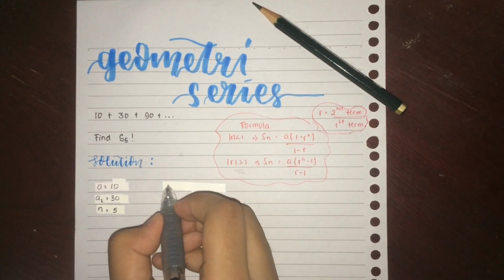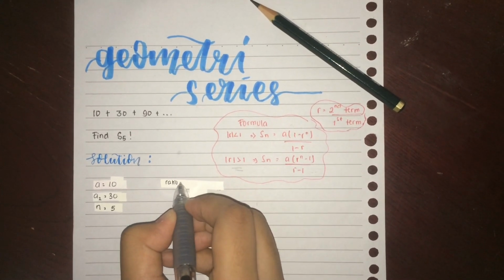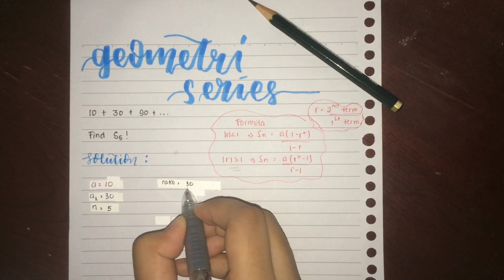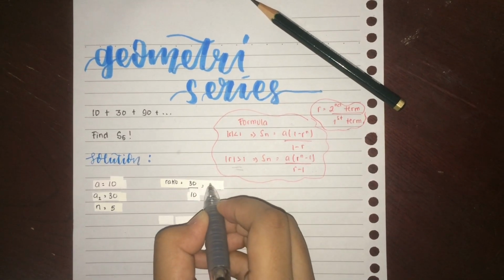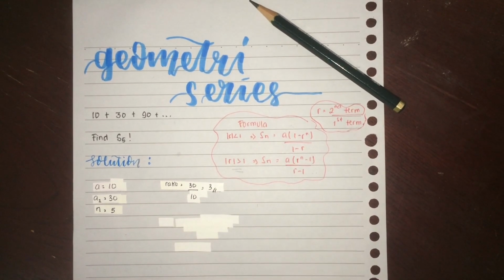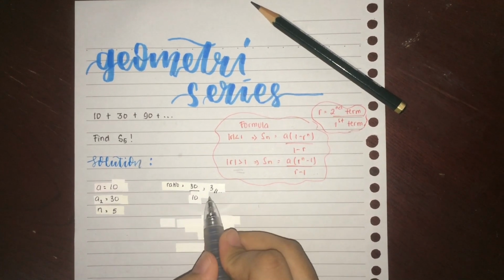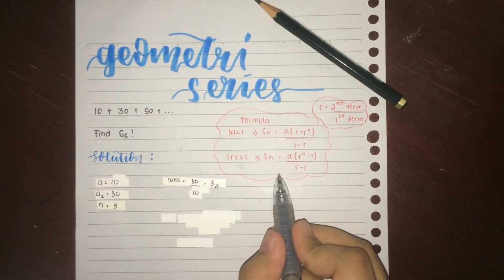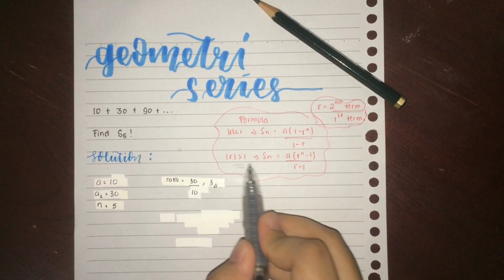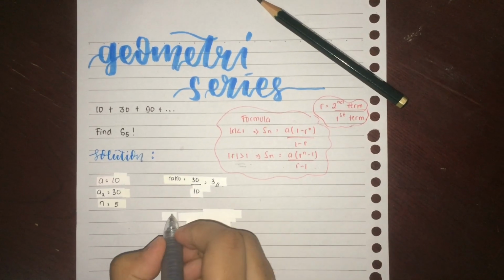So we can find the ratio. 30 divided by 10 is equal to 3. So the ratio is 3. If the ratio is 3, we use this formula for when the ratio is greater than 1.